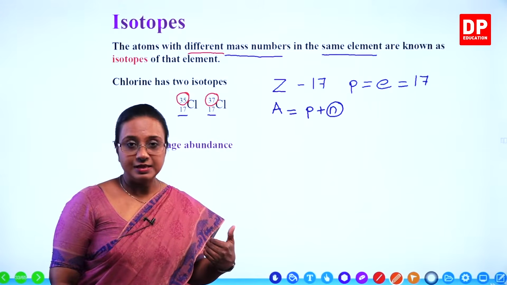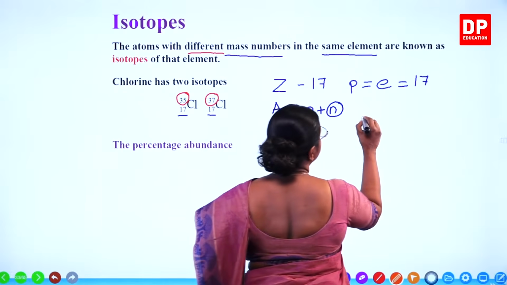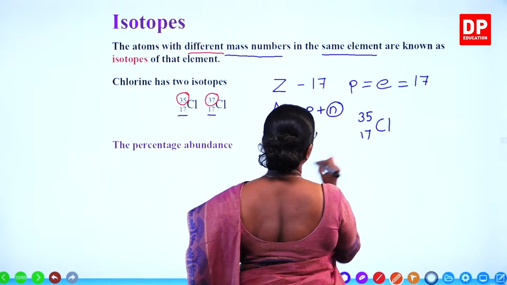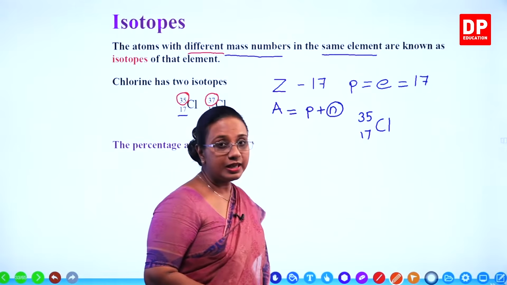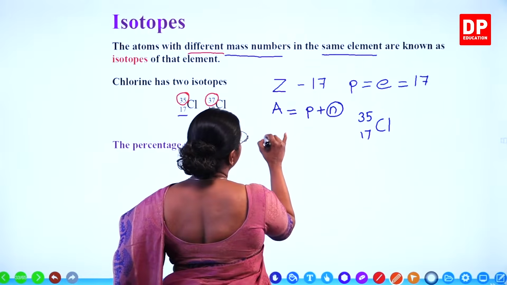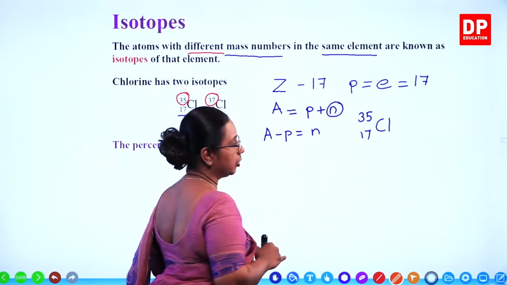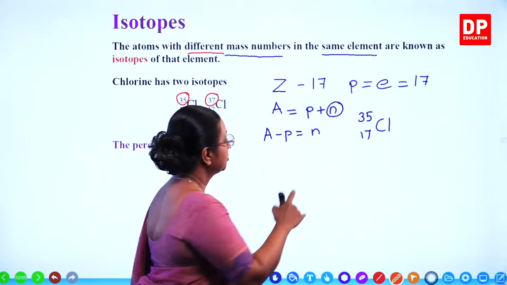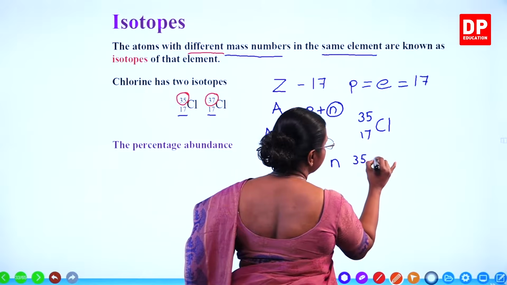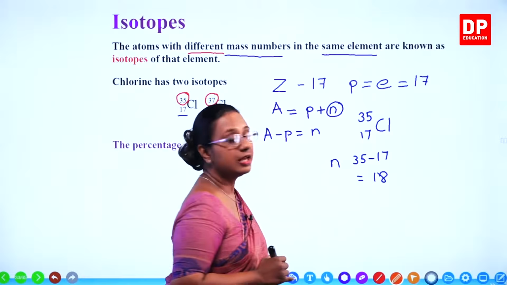So, here if we calculate for 35 17 chlorine the number of neutrons, it will be mass number minus protons equals neutrons. So, here neutrons are 35 minus 17, that is 18 neutrons.